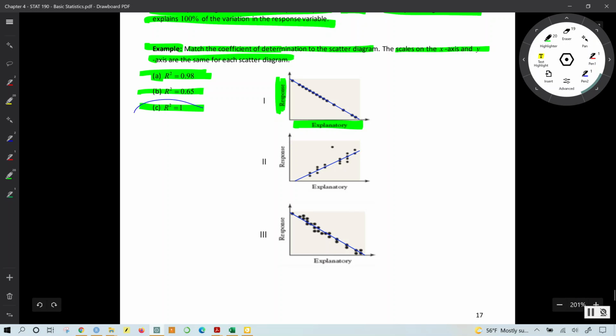I will start with the perfect condition, R squared equals 1. That would be the very first one. That is because all points lie exactly on that line. So every information we need to predict the response variable, the explanatory variable provides everything, 100%.